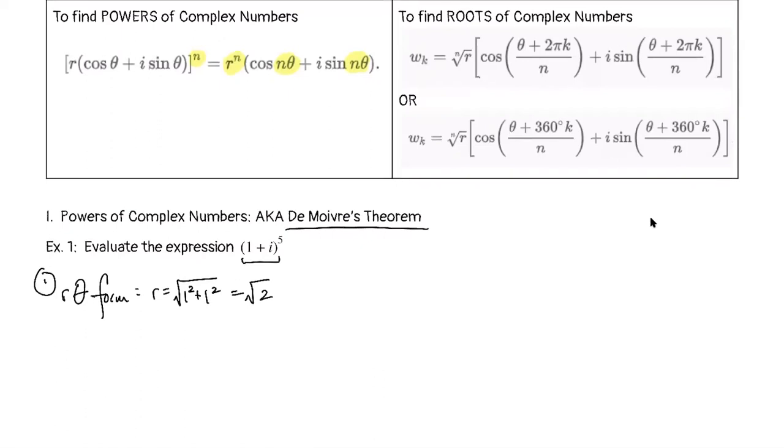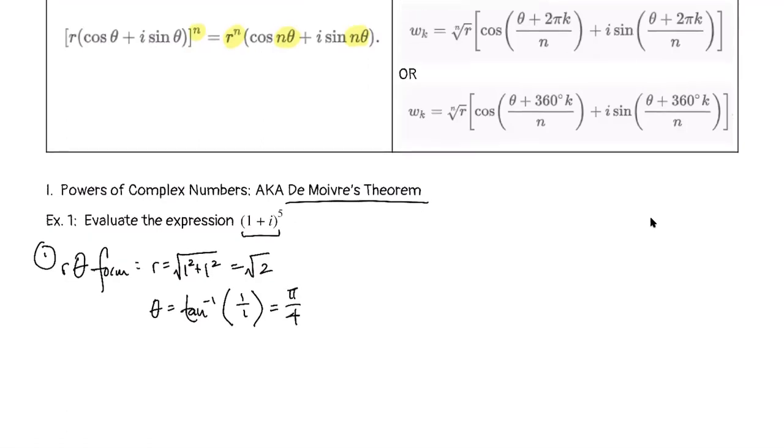And we also need to find our theta, which will be the inverse tangent of 1. And what angle is that in radians? Pi over 4. Pi over 4, good.